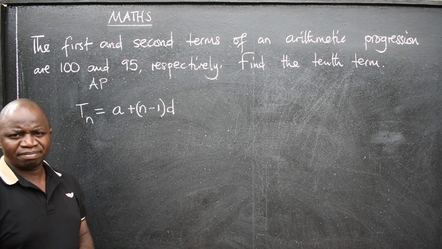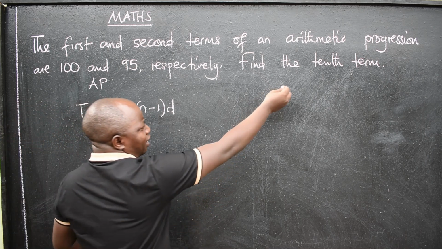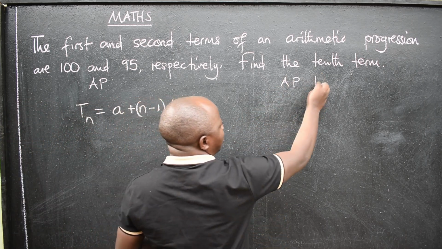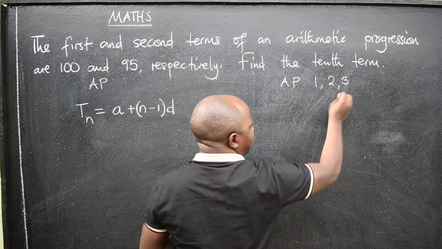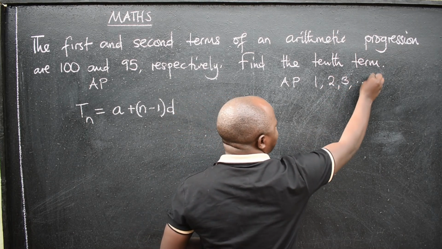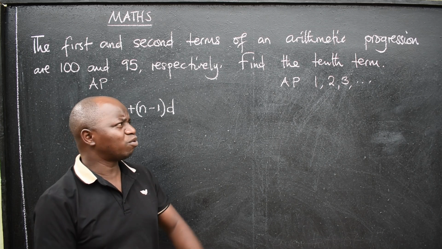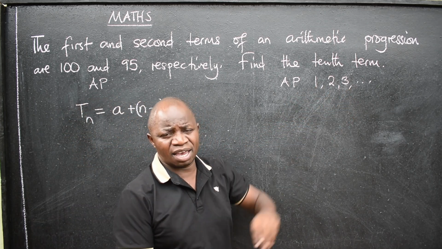Now what does this mean? Here is an example of an AP. Let's say 1, 2, 3, then goes like that. That is an example of an AP. How do you know that this sequence is AP?